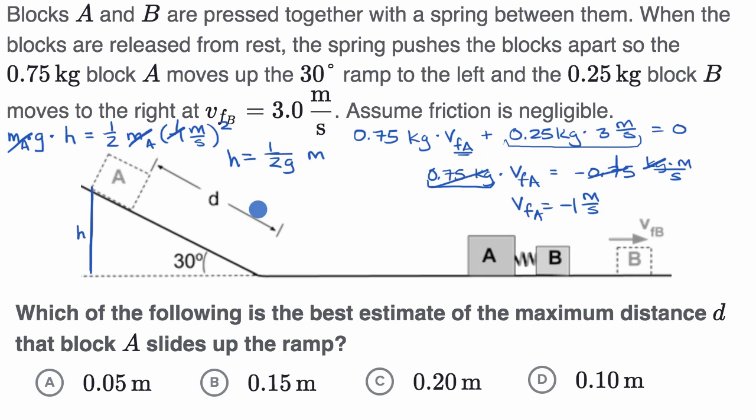And so what is this going to roughly be? Well, let's say that g is approximately 10 meters per second squared, because they talk about estimating here. So this would be 1 over 2 times 10 meters. So it's 1/20th of a meter. So h is approximately 0.05 meters.